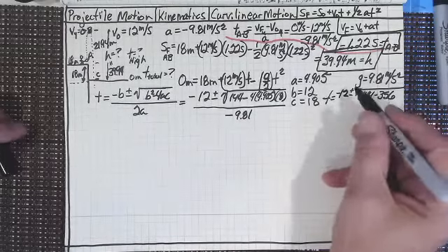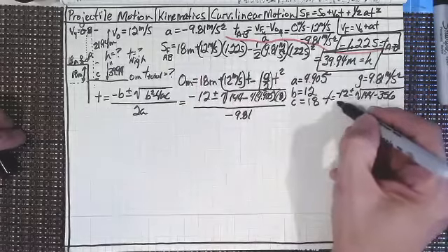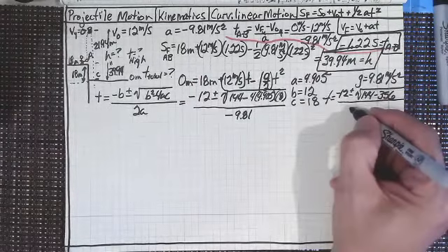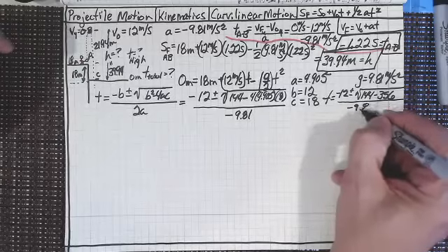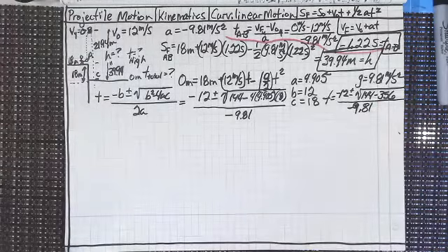Minus 356.4, but I'll just leave the 356 there for now. Divided by minus 9.81. That does not look too good. What have I done? -4.